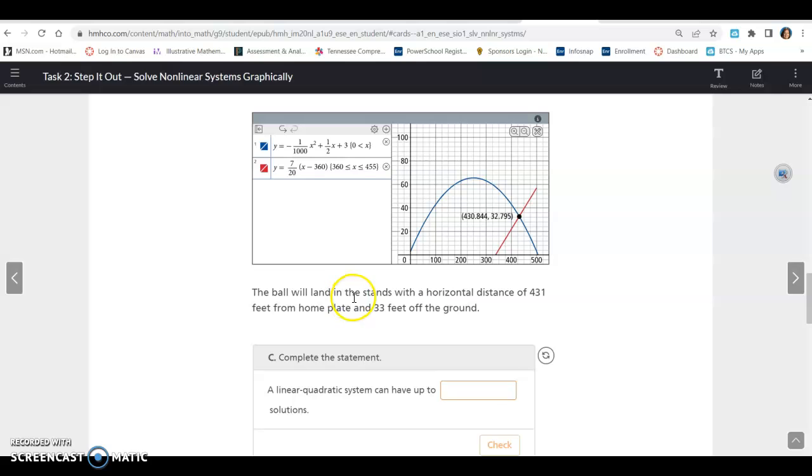It says the ball will land in the stands with a horizontal distance of 431 feet from home plate and 33 feet above the ground. If you look at that point, it's always your x and then your y value. So your x is about 431 and the y is close to 33 feet. They've rounded both of those, but that comes from the x and y value of the intersection point.